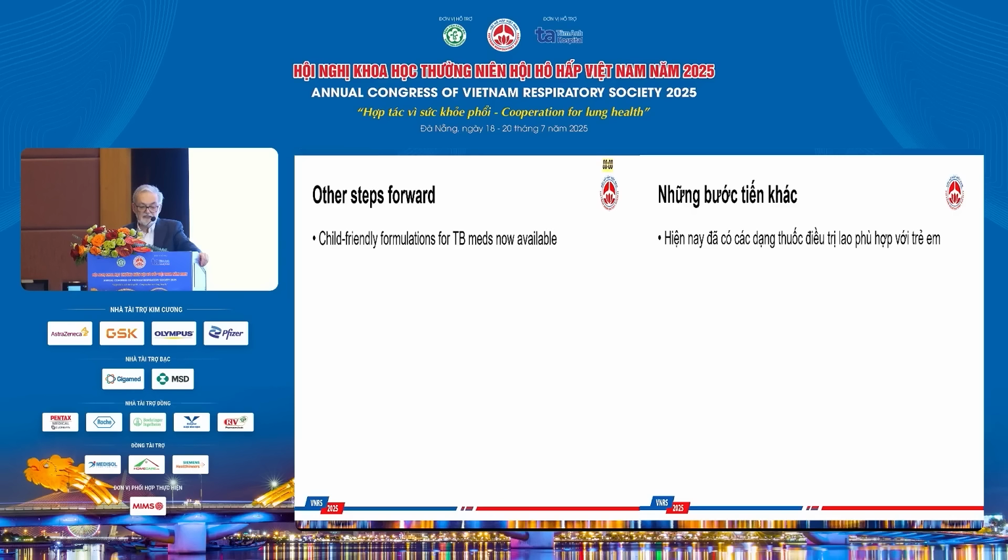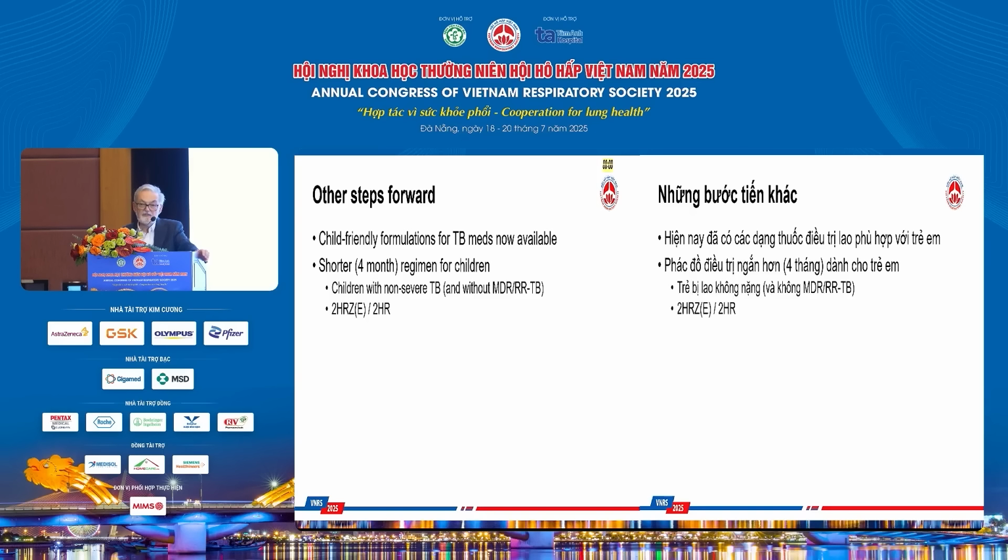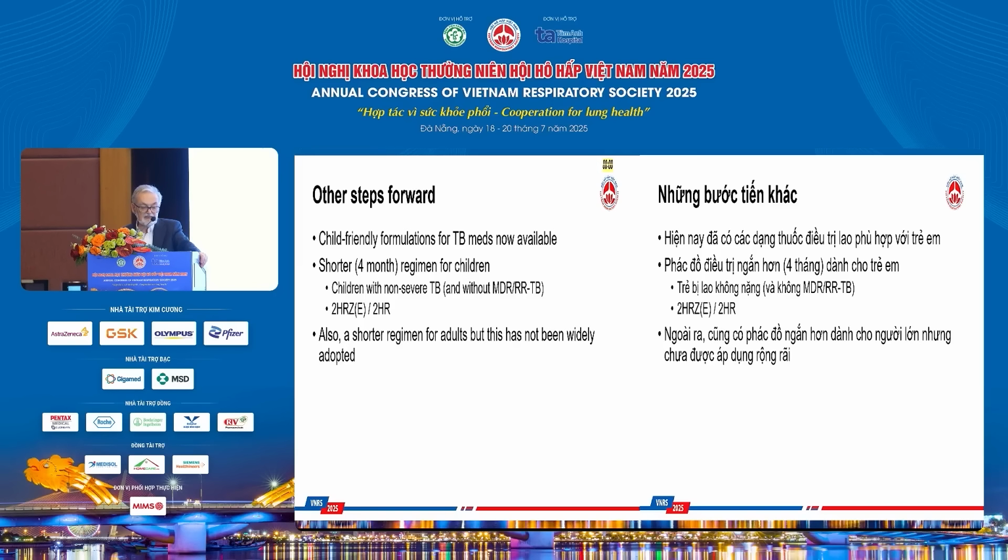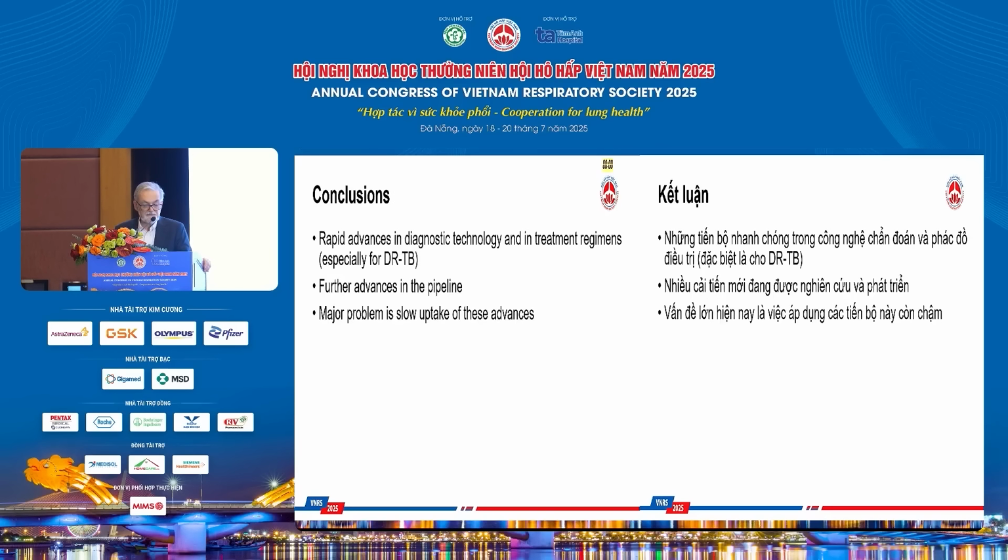Just briefly, other steps: child-friendly formulations, very important in pediatric TB. Shorter regimens, particularly for children with non-severe disease. We now have a 4-month regimen that is widely used in children with non-severe disease. There's also a shorter regimen for adults, but that is not as widely used at the moment.